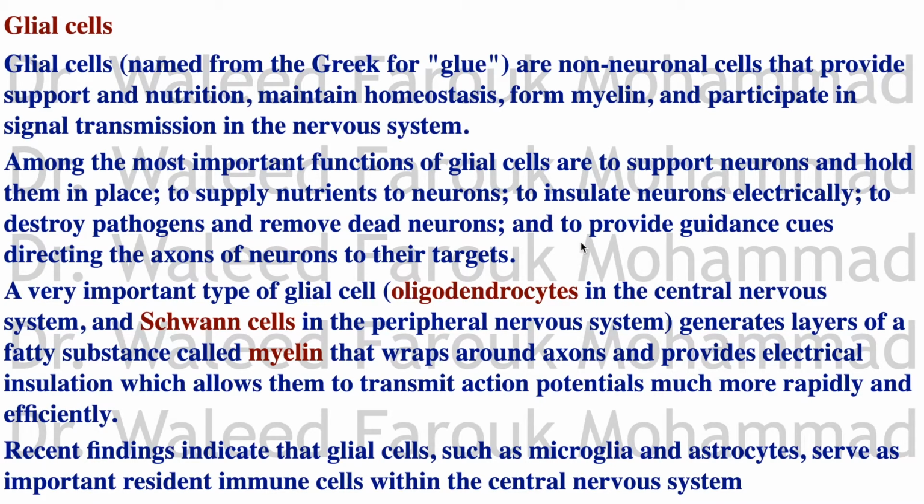Those that myelinate the cells of the CNS are called oligodendrocytes, and those that myelinate the peripheral nervous system, meaning the cranial nerves or the spinal nerves, are called Schwann cells. And we talked about the importance of the myelin sheath before.